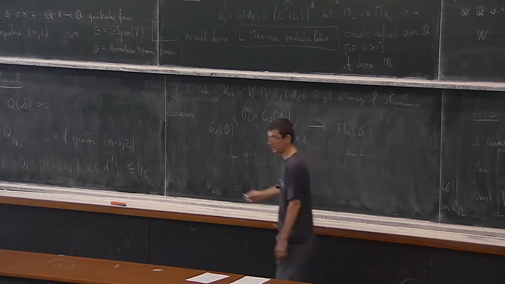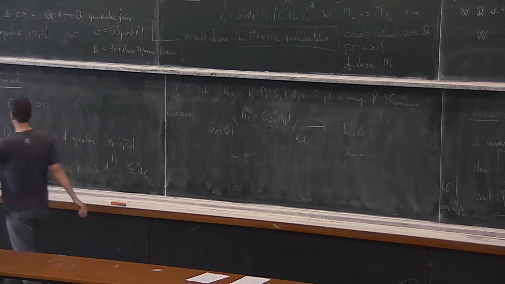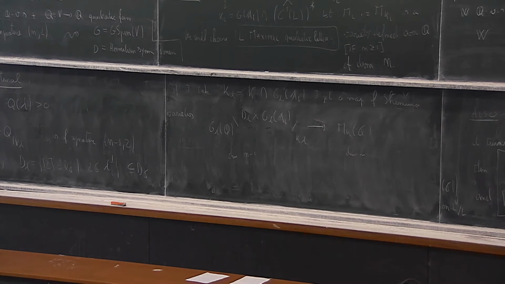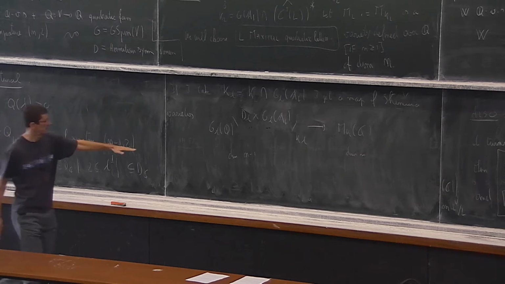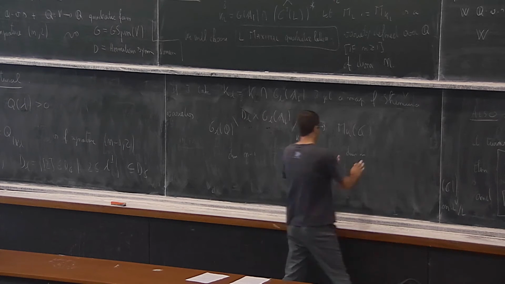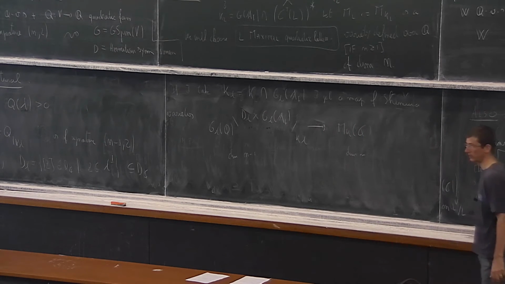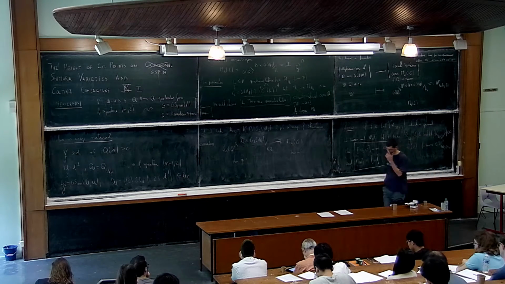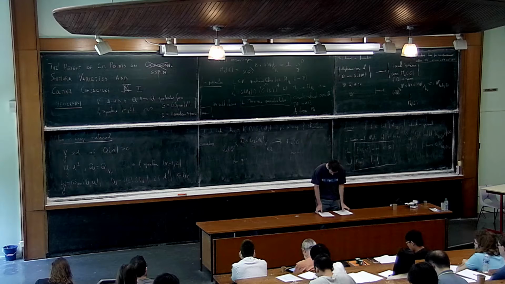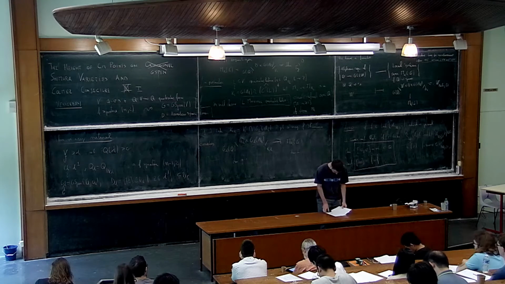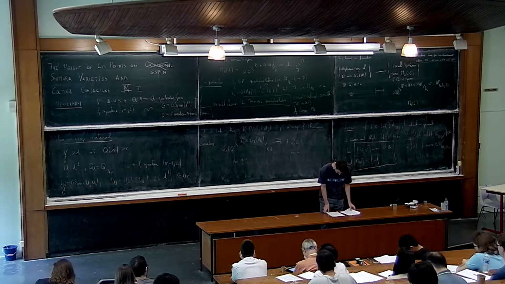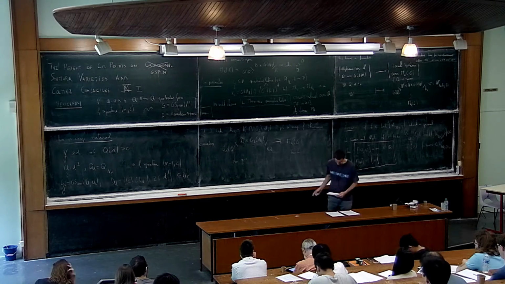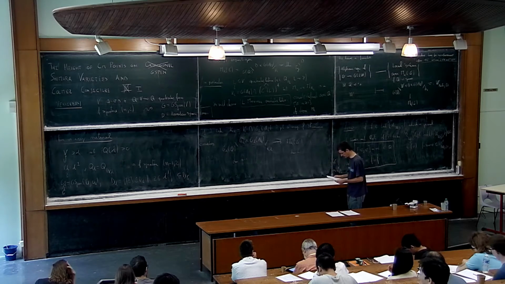But you can start playing the same game by taking two such lambdas, which are positive definite and linearly independent. Making the orthogonal, you get as an image a cycle of codimension 2, and so on and so on. So it has a very rich structure. And okay, so you want to tie this up with what I just explained.